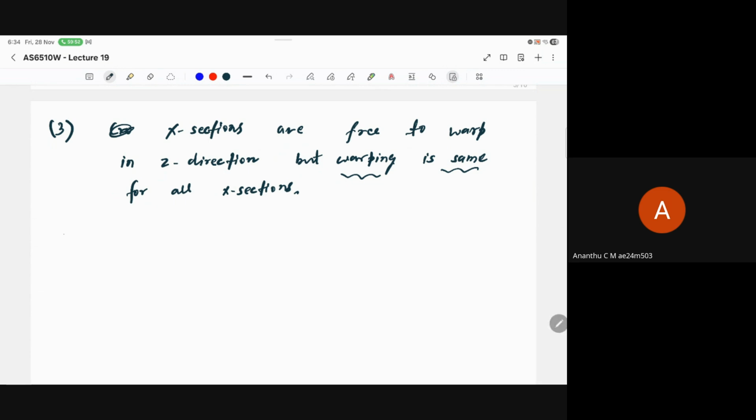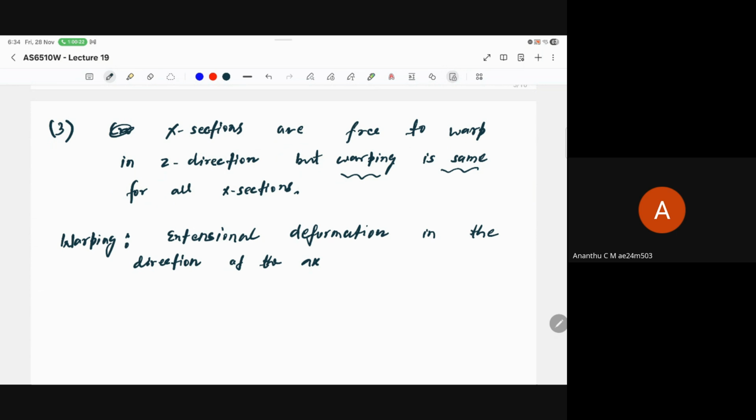Okay, so let me just write. Warping is basically extensional deformation in the direction of the axis about which the torque is applied.